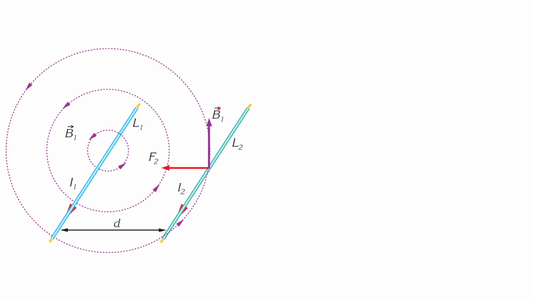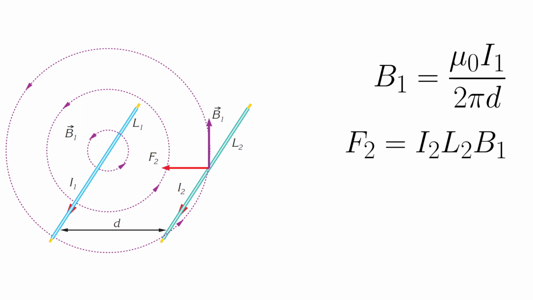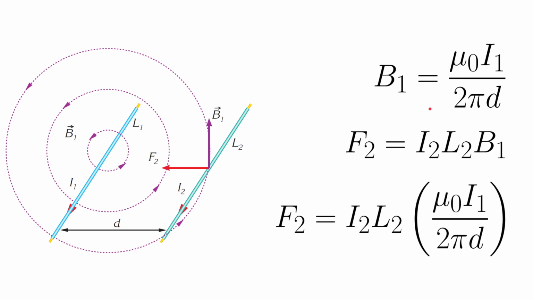The magnitude of B1 is calculated as follows, and the magnetic force exerted from the magnetic field of wire 1 can be calculated as follows. And you see here B1, we can substitute the expression for B1 into this equation, and we get this kind of expression.